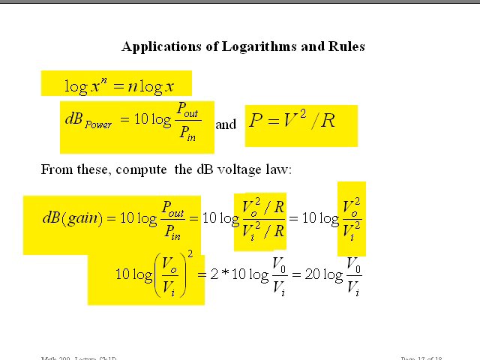Now remember, when the 2 comes out in front in logarithms, it multiplies any numbers that are out there. So the 2 multiplies the 10. And now there's my log, there's my dB law for voltage. And that is why there's a 20 in front of it, while there's a 10 in front of power. The reason is that power goes as the voltage squared.